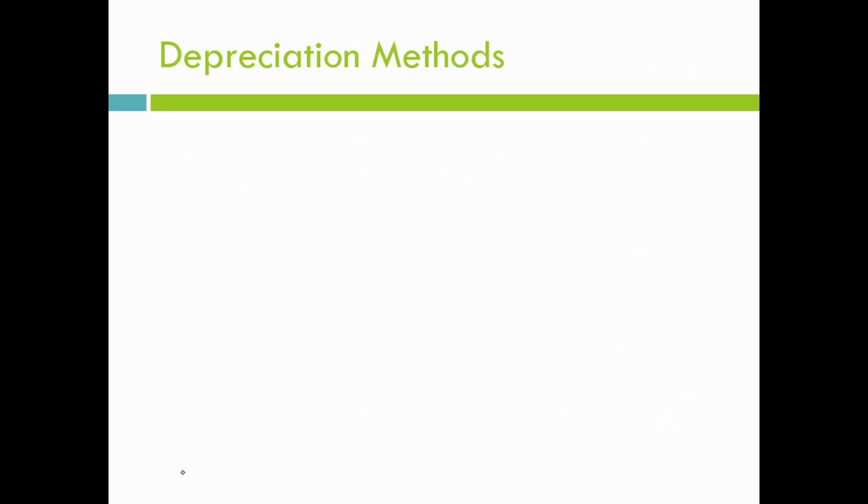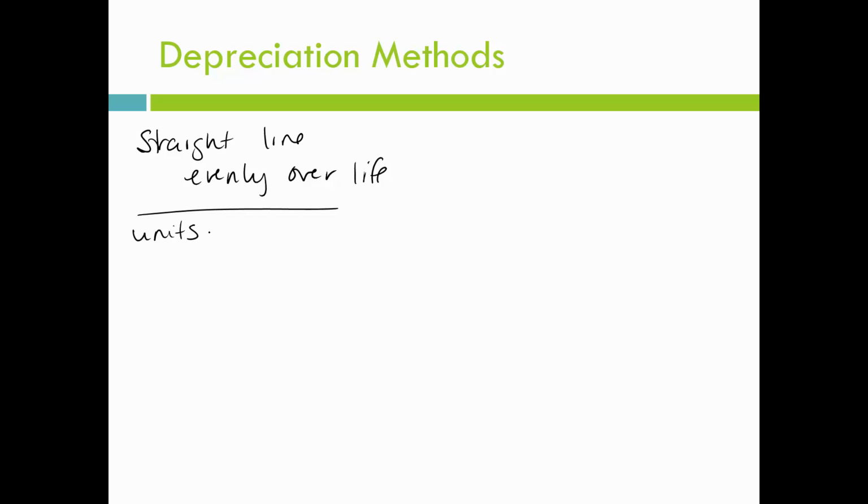So let's talk about our three different methods. We have straight line, which is where the depreciation expense is spread out evenly over the life of the asset. We have units of production, and this is a two-step process. We allocate it based on the use of the asset, not just the life of it.